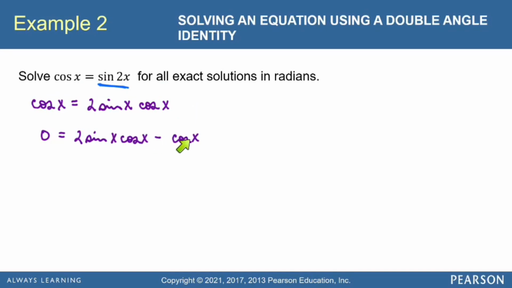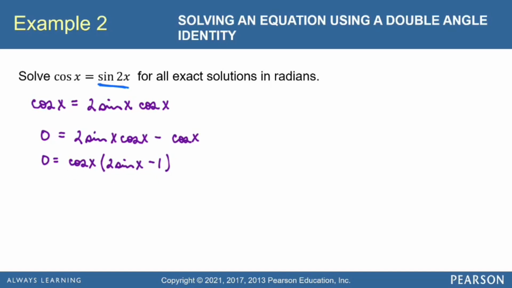Now look at these two terms. They both contain a cosine x, which means we will be able to undistribute or factor out cosine x as a GCF. So that would give us 0 equals cosine x times parentheses 2 sine x, because cosine x times 2 sine x would create this term, then minus 1, because cosine x times 1 is cosine x.